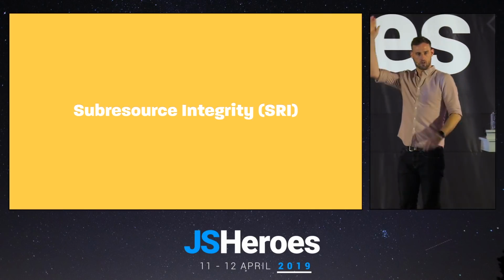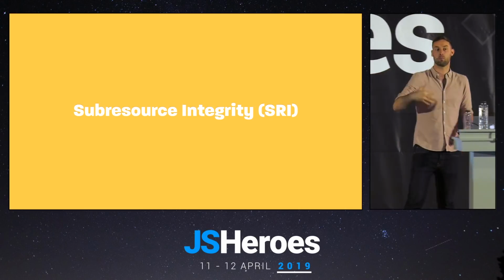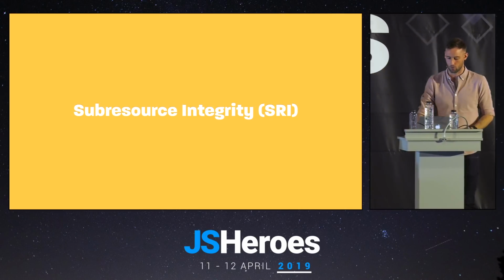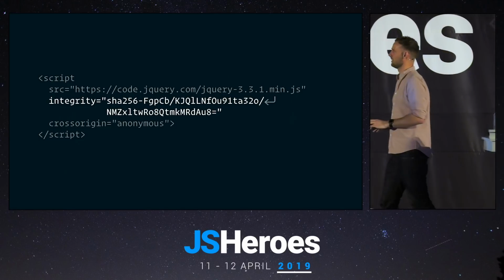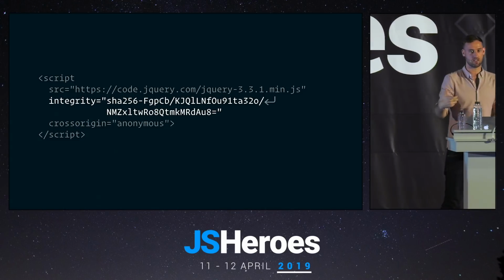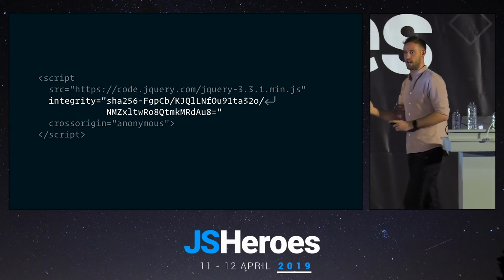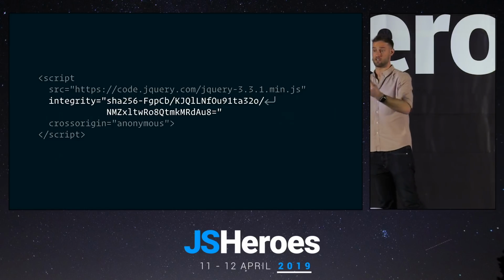SRI, who's used sub-resource integrity? Okay, very few. Responsible third parties should provide this for you. jQuery, CDN, they do this for us already. You just get given a hash of the file you're expecting, and at runtime, the browser will check: is the file you've been sent identical to the hash you were expecting to receive?